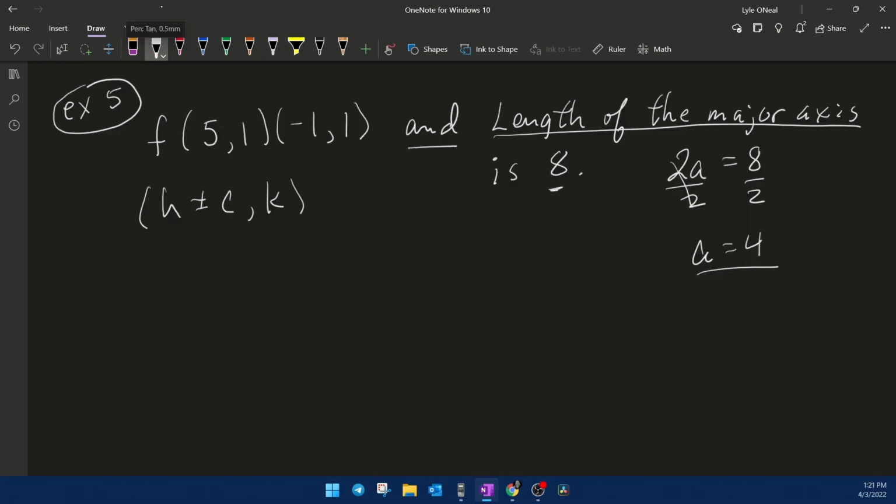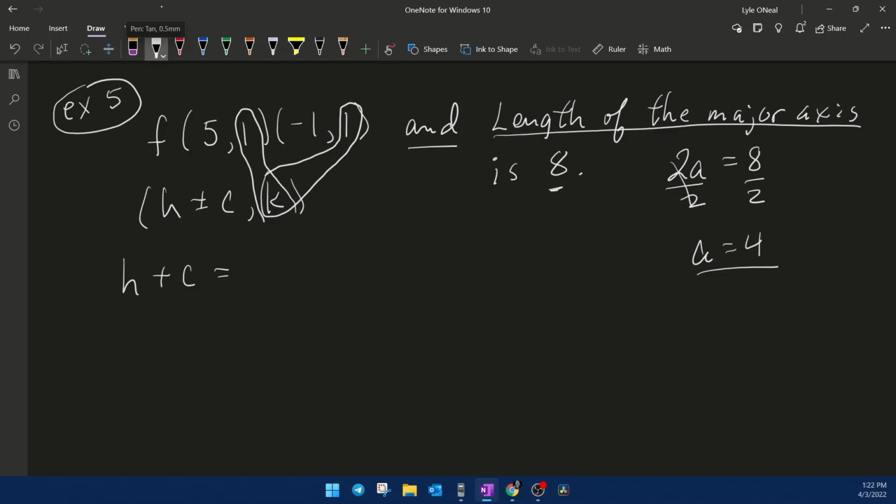So knowing that our foci formulas are h plus or minus c comma k, we can conclude that k is definitely 1, right? K is 1 because we have the same y coordinate, but we can also conclude that h plus c would have to be the larger of the two x coordinates.